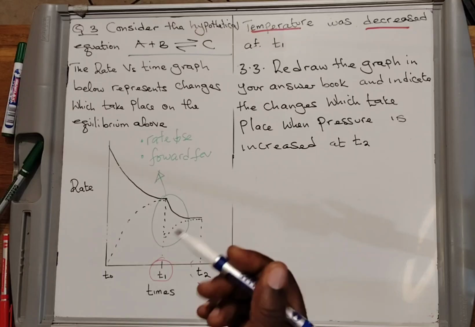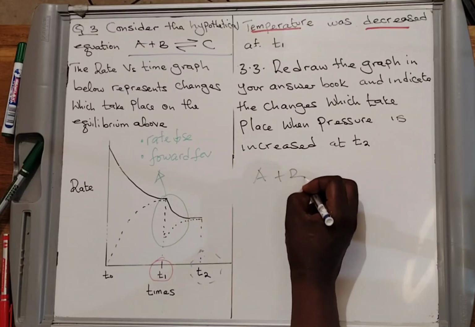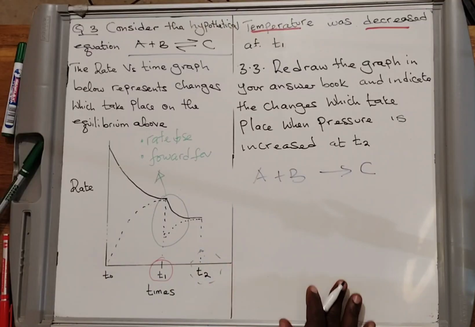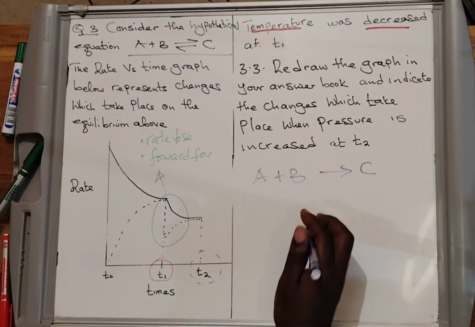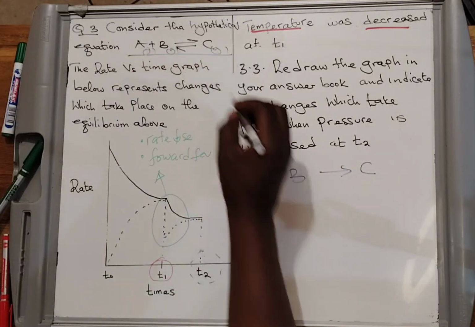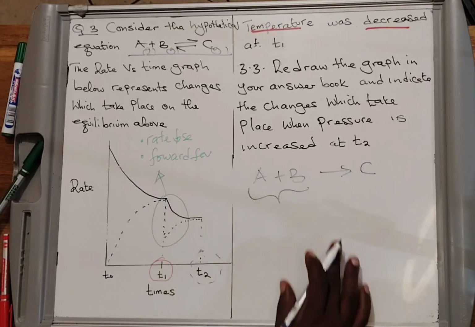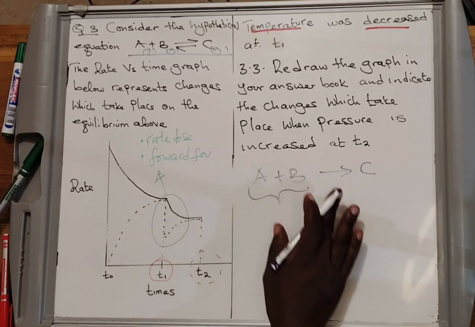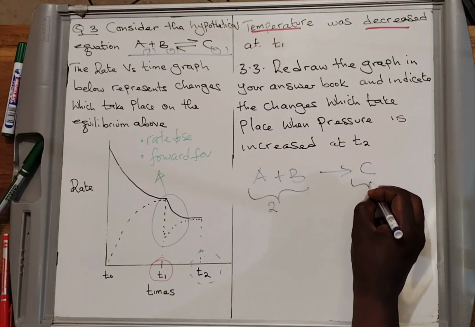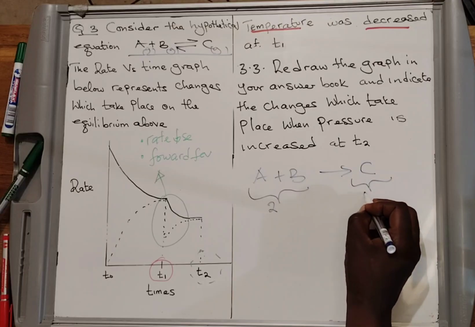So how do we answer this one? We have the equation: A plus B giving you C. In predicting the effect of pressure, we have to remember that all of them are in gaseous phase. You do the count. How many moles of the reactant do you have? They are 2. So you come this side and you count the number of moles of the product. They are 1.